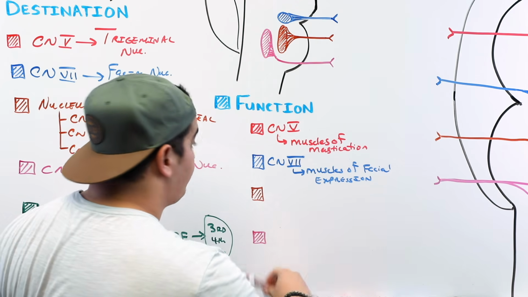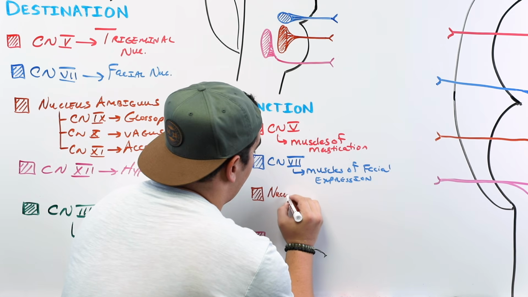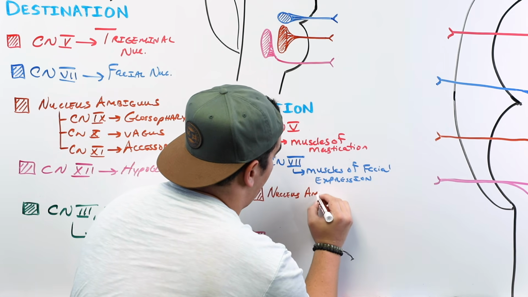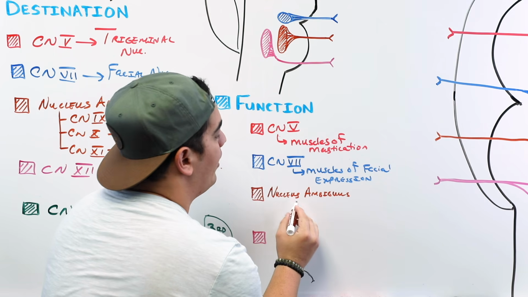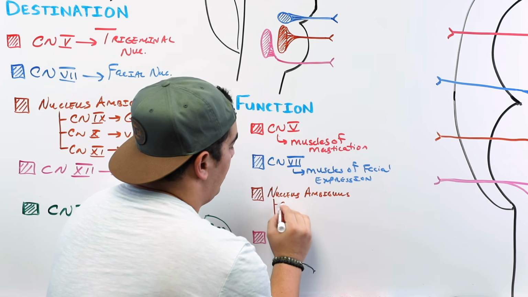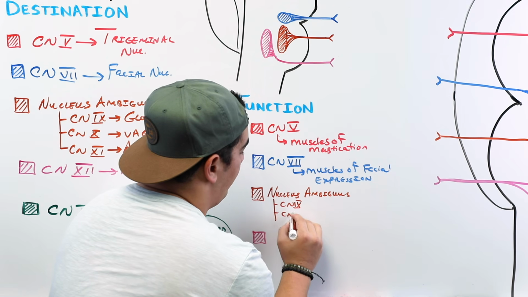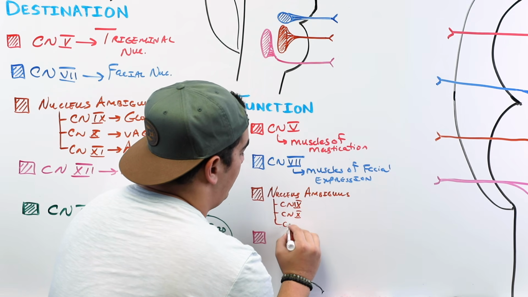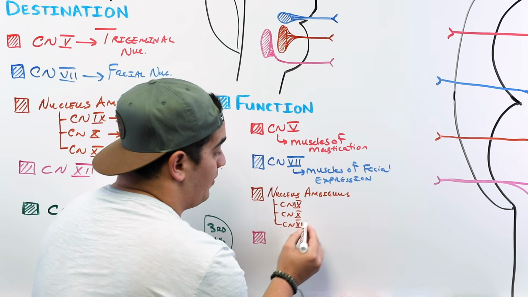The next thing is the big one, and that's the nucleus ambiguus, which is a son of a gun to spell. This guy, again, is a part of what 3 cranial nerves? Cranial nerve 9, which is glossopharyngeal, cranial nerve 10, which is vagus, and cranial nerve 11, particularly the cranial part of 11, which is the accessory.